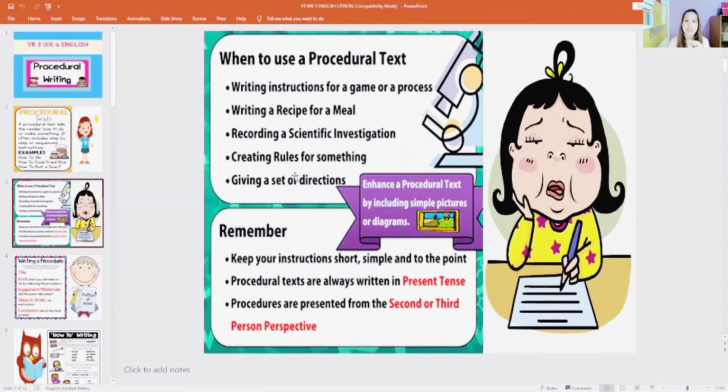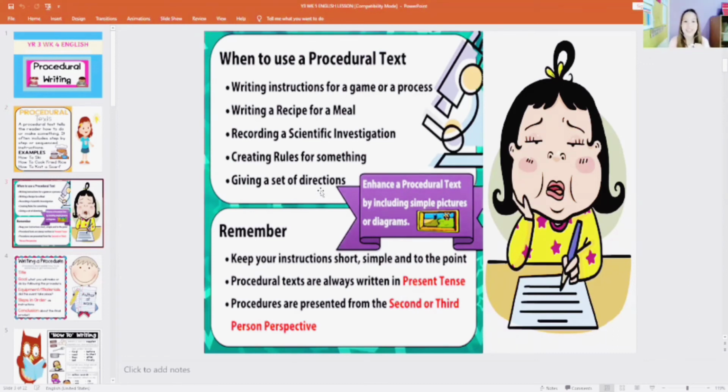Or sometimes you can create rules for something, just like what we do. What are we going to do so that we can have a good online class every day? And Year 3 was able to do that. Good job, by the way.